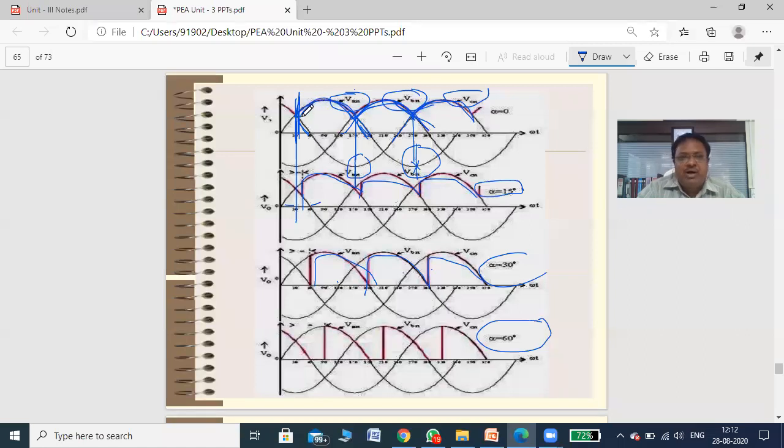So minimum alpha for thyristor T1 is 30. So the total alpha, 30 plus 30, is 60, and the total half cycle is 180, so 180 minus 60 is 120. If the conducting device timing is 120 degrees, then you will get a continuous output.